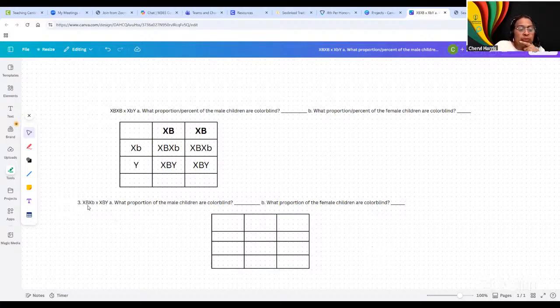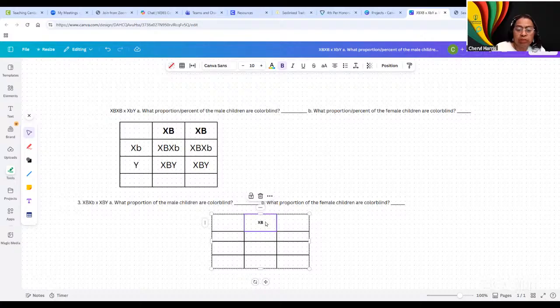All right. So this one, they tell you that you have X. So we're still looking at color blindness. So we're going to put the female up here in this box. X, B, and I'm going to make that bigger so that we can actually see it.